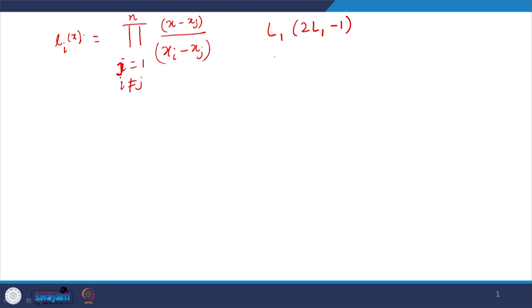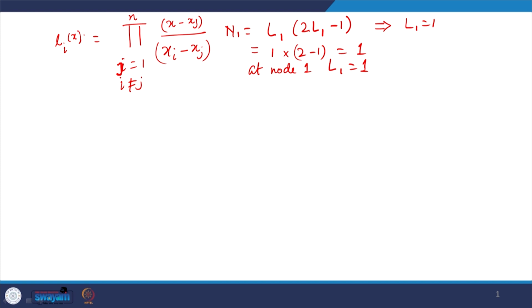At node 1, L 1 is equal to 1, so it is one multiplied by 2 minus 1, which is equal to 1. So, this is already satisfied, and this obviously vanishes at the other two lines.